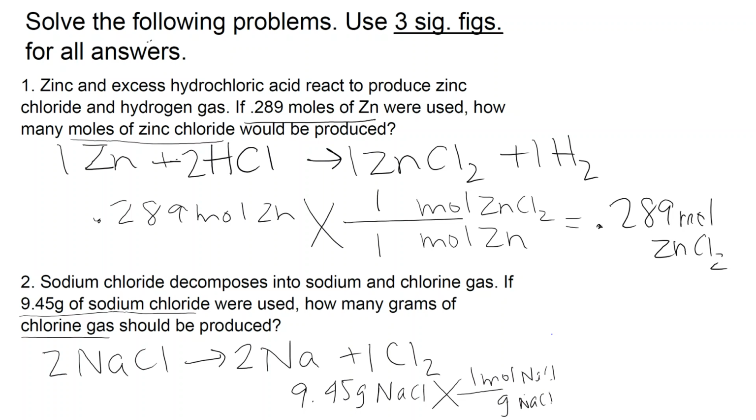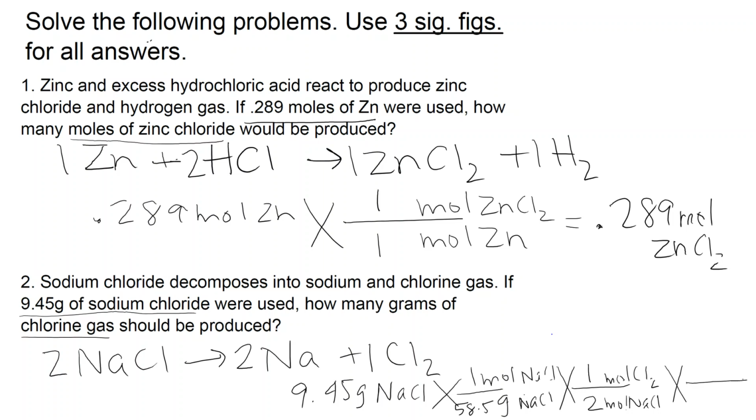When you add up NaCl off the periodic table, you get about 58.5 grams. Then we have to go from moles of NaCl to moles of Cl2. And to fill in those numbers, we use the coefficients. There's a 2 in front of the NaCl and a 1 in front of the Cl2.